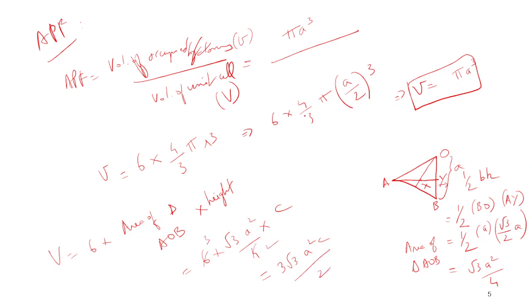So you get the answer here, and you substitute it over here: 3 root 3 a square c by 2. Finally, if you would solve all this, your answer will be 0.7404. I'm sorry I'm unable to solve all the steps because we are really running out of time.